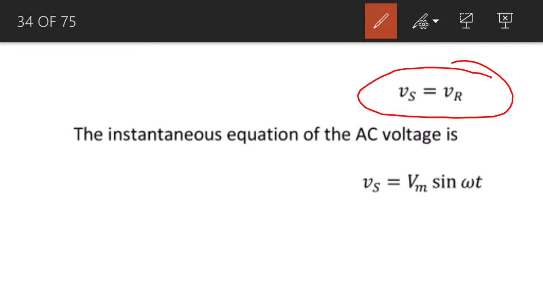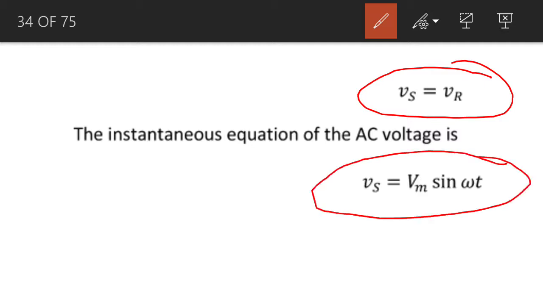And we know that we have got an AC voltage source in this particular circuit. There is an AC voltage across the resistor, and the AC voltage varies sinusoidally with respect to time. AC voltage is a time varying voltage, so the voltage across the source is equal to Vm sine omega t.